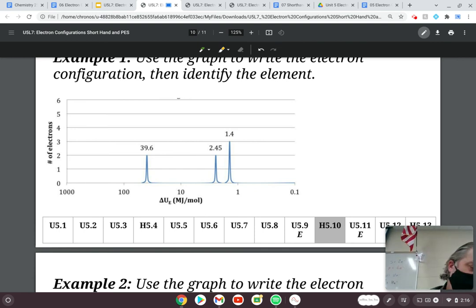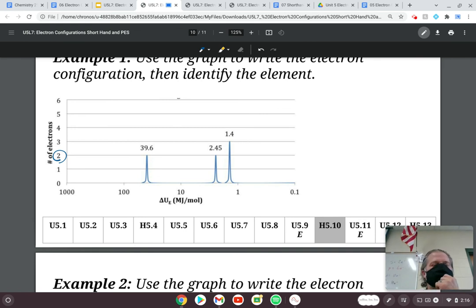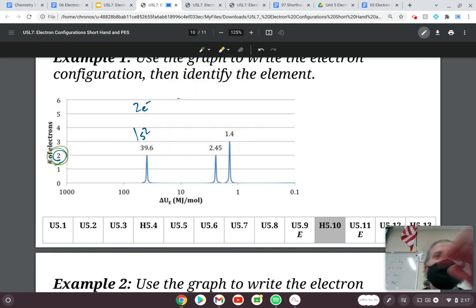Anyway, here we have an element that has 3 peaks. The first peak has hit 2 electrons, so I'm going to think that's a 1s2. The second peak has 2 electrons also, so I'm going to think that's a 2s2.